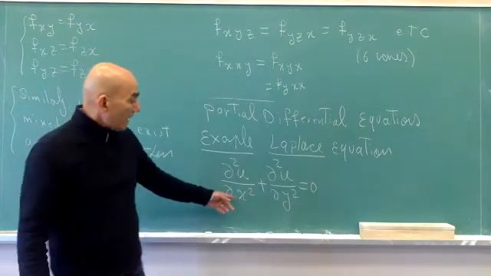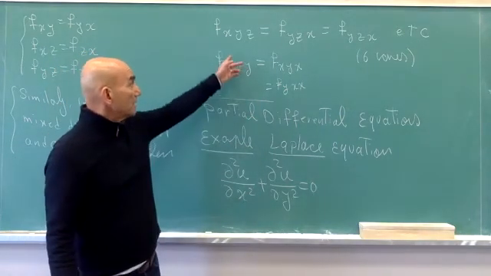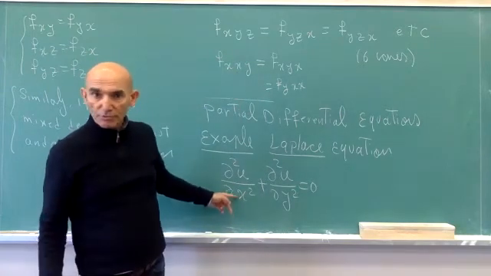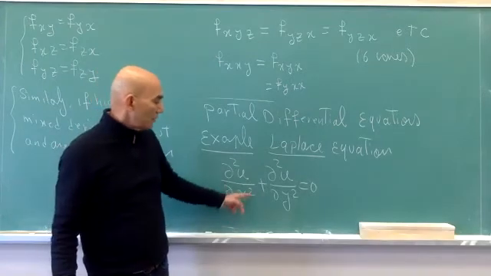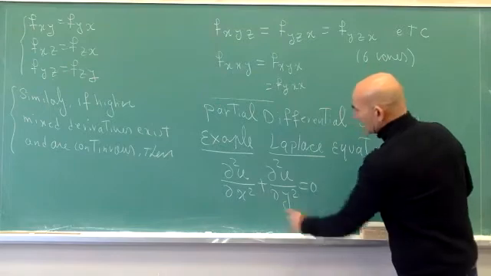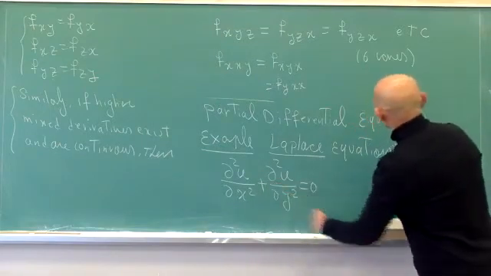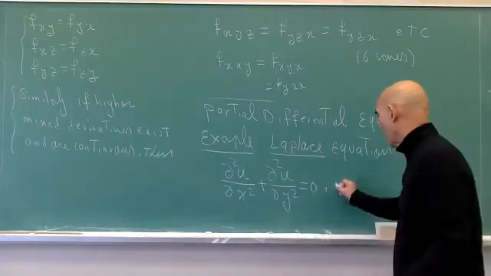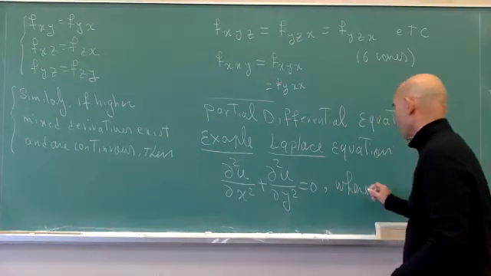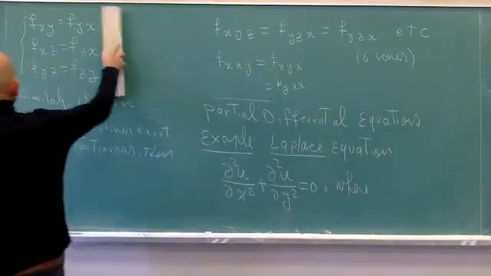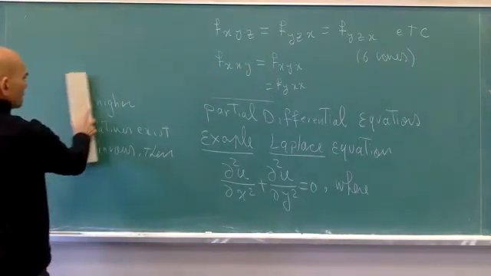Now, one thing that I'm using here is a notation that I did not introduce up here, so let me introduce the relevant notation, and then you'll see what this means. I'm sure you have already seen this in other courses, but let me just introduce it here. Where d2u dx2 is, by definition, what?